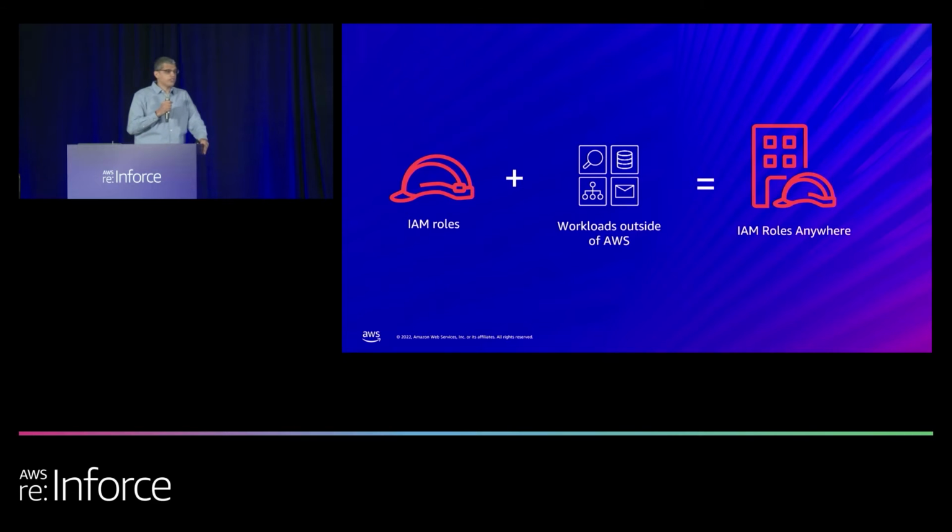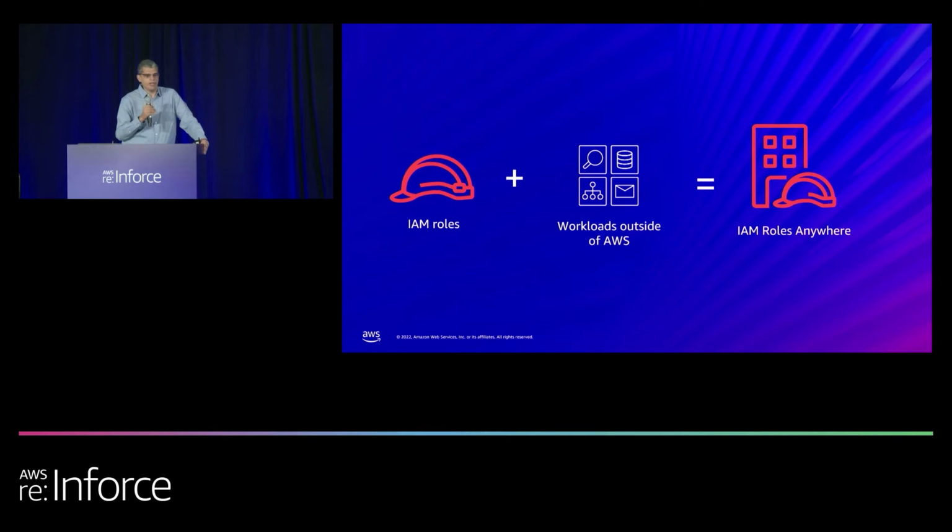Today, your application running on the cloud, they use IAM roles and policies to securely and easily access data, resources, or services on AWS. But for the application that are running outside of AWS, and you want to make use of AWS services, you typically use long-lived credential that you need to store, manage, and maintain.